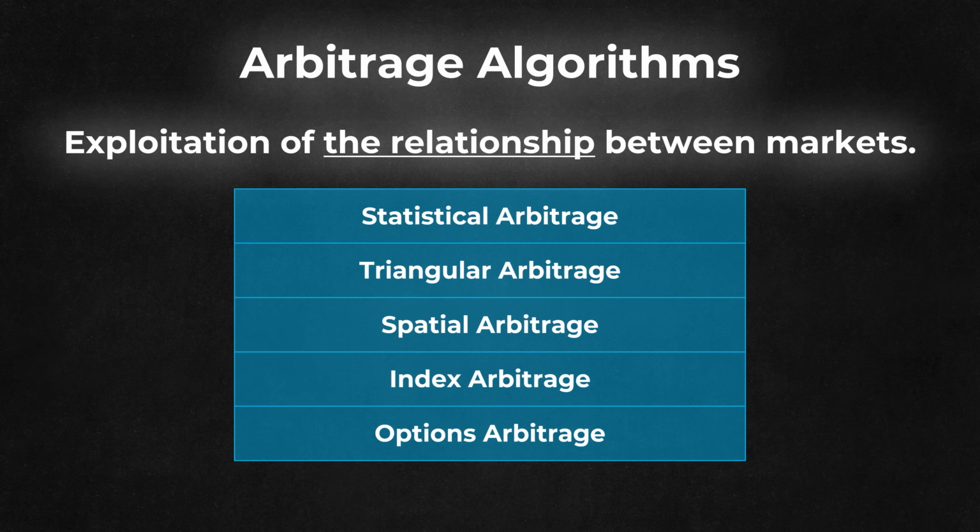A few of the most common ones are statistical arbitrage, triangular arbitrage, spatial arbitrage, options arbitrage, and index arbitrage. Even though the goal is to profit, arbitrage algorithms do this from a completely different perspective compared to simple trend following and mean reversion algorithms. Speculation is about market direction. Arbitrage is about market relationship.